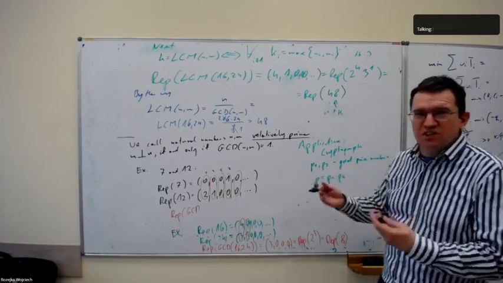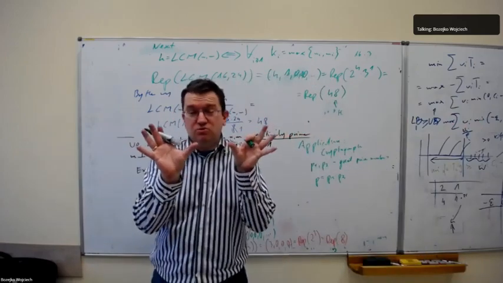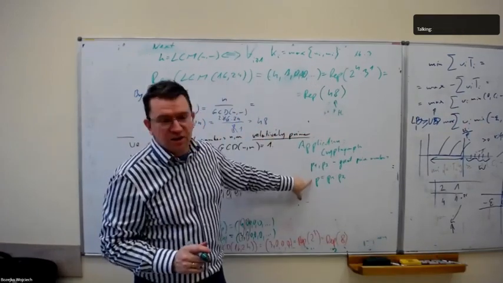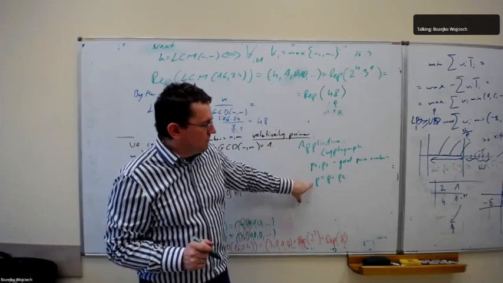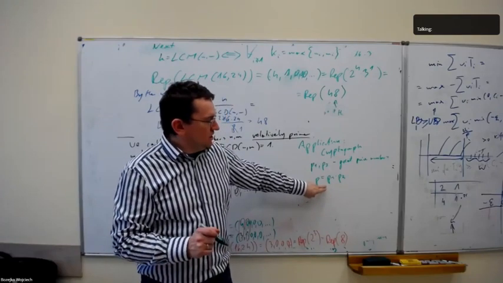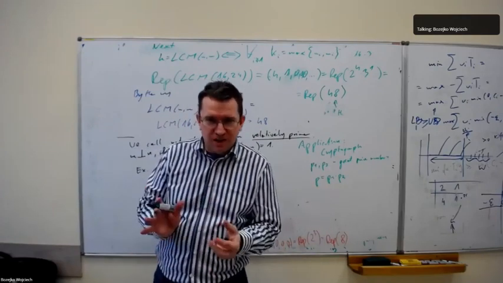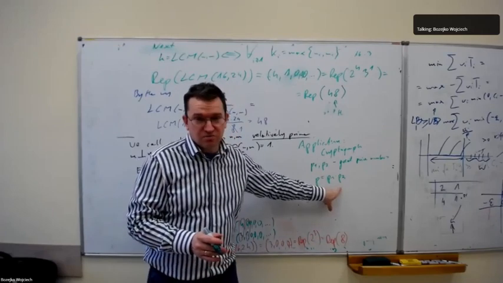So if we have two really great prime numbers and multiply them, such a result has only two divisors, this one and this one.